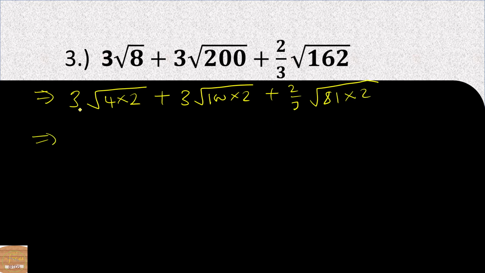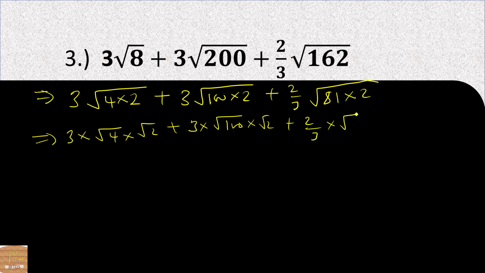Now this one is multiplication, so we have 3 times, and this one is the same as 4 times 2. Okay, so this is multiplication, plus we have 3 times the square root of 100 times 2, plus 2 on 3 times 81 times 2.